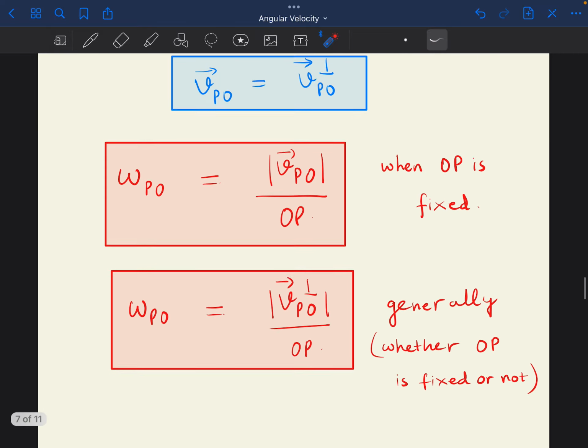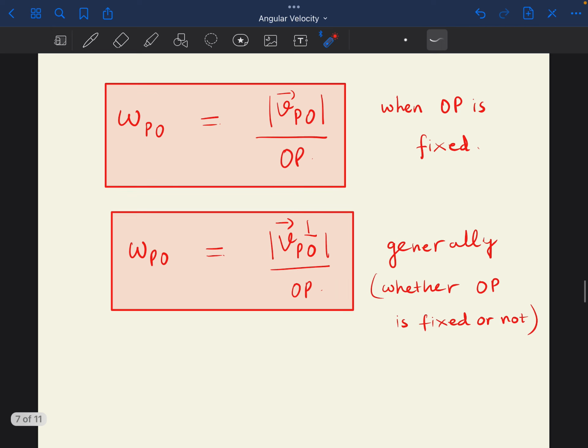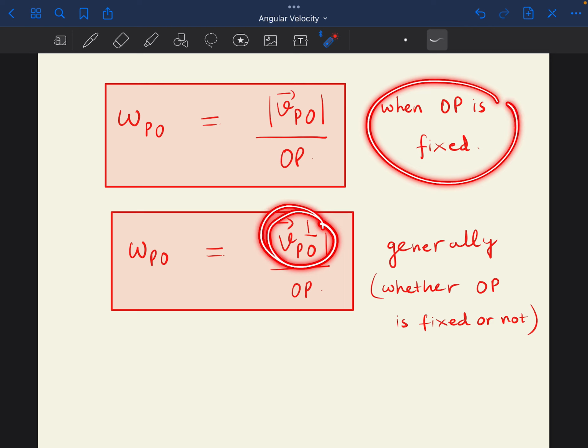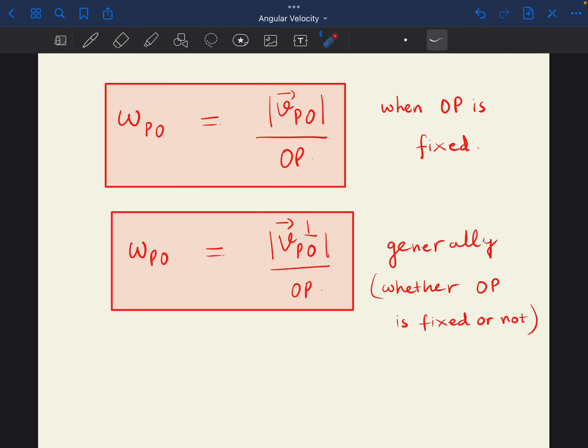This is where I've highlighted the difference between the two cases. Generally, whether OP is fixed or not, we take only the perpendicular component. But when OP is fixed, the perpendicular component and the total angular velocity are the same because the parallel component of the relative velocity is 0.